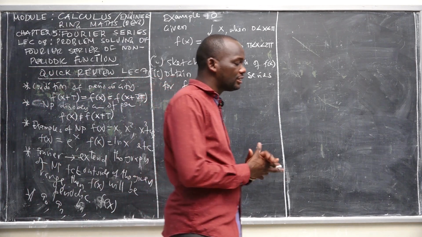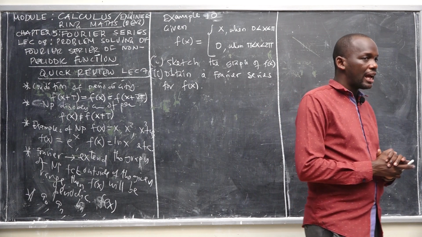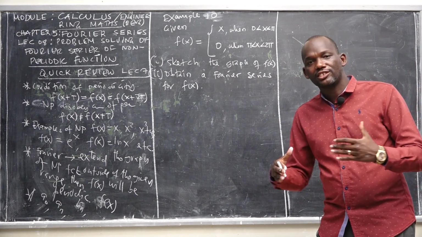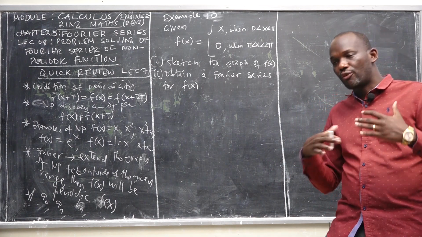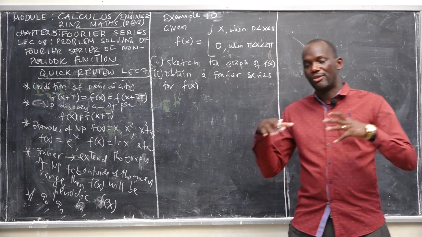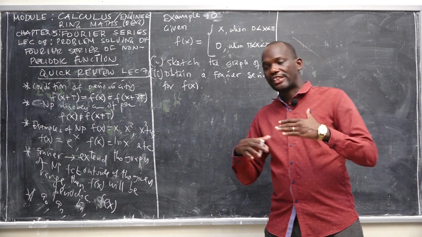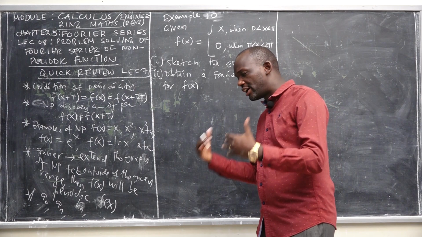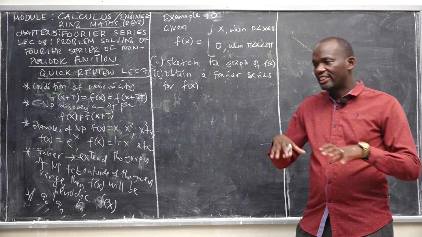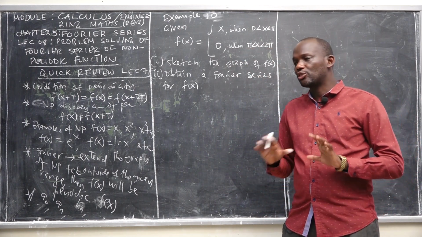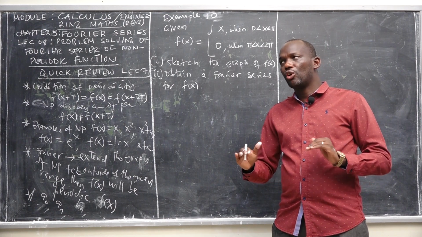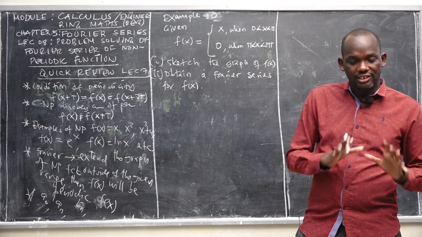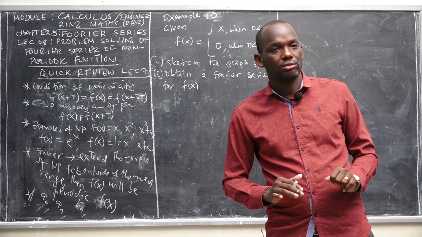I told you that whether it is a Fourier series of a non-periodic function or periodic function, or of an odd or even function, or a half range Fourier series, or a Fourier series of any range, or exponential or complex Fourier series, the function might be a single function or a composite function.